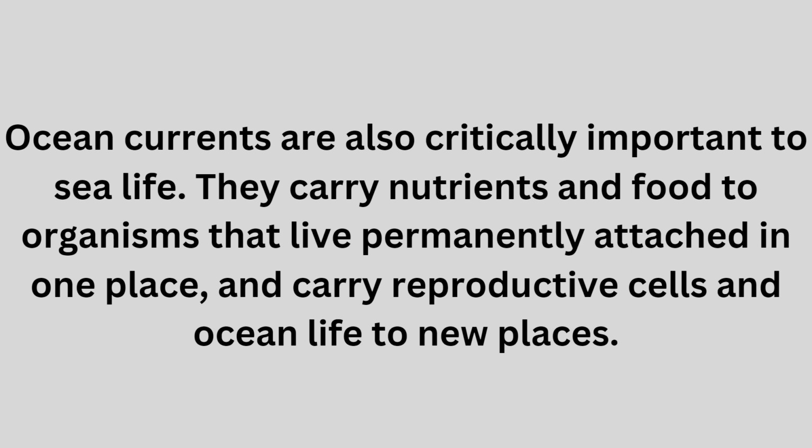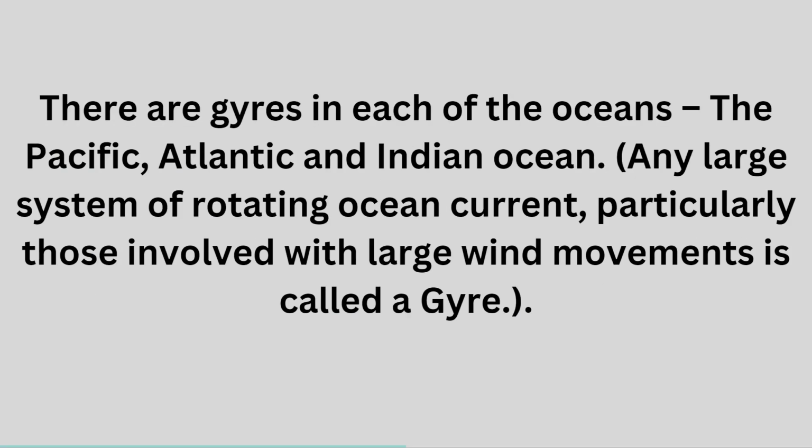Some food chains also work because of ocean currents. Ocean currents also carry reproductive cells, due to which some reproductive cycles also take place. There are gyres in each of the oceans, specifically in the Pacific, Atlantic and Indian Ocean.